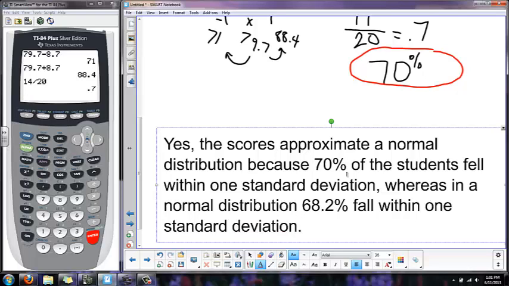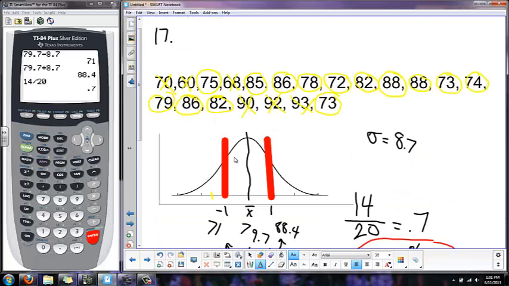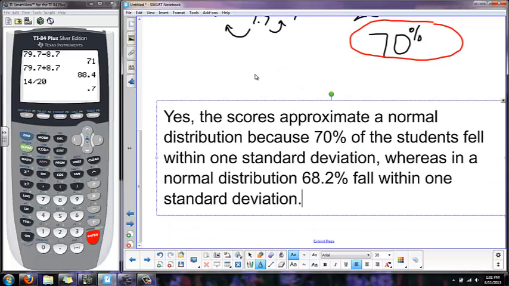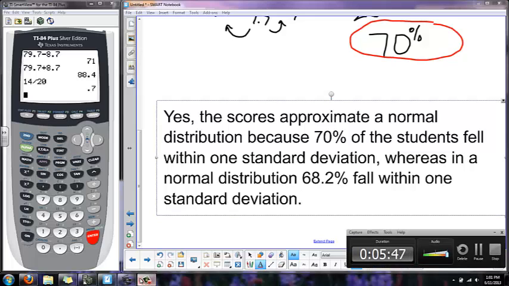So pretty much because 68.2 is really, really close to 70, that's why these scores approximate a normal distribution, because it's about the same percentage of kids that fell within 1 standard deviation, okay? So yes, the scores approximate a normal distribution because 70% of the students fell within 1 standard deviation, whereas in a normal distribution, 68.2% fall within 1 standard deviation.